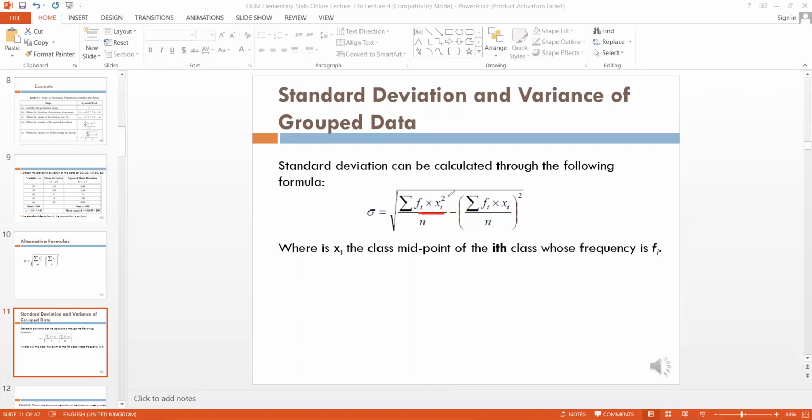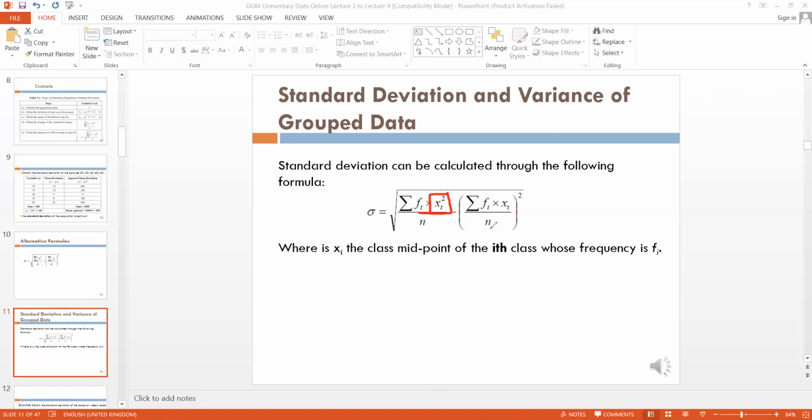You find x squared, multiply with f, and sum all those quantities. Then on this side too, you multiply x, the midpoint, with the frequency, and sum all those quantities up.